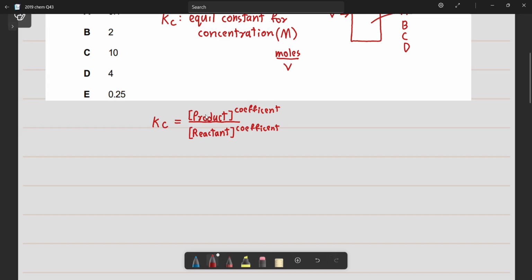Okay, so the product in this closed bracket, so this closed bracket over here represents the molar concentration of a chemical substance in a solution. Okay, so molar concentration of a chemical substance in a solution, so that's what the square brackets represent.